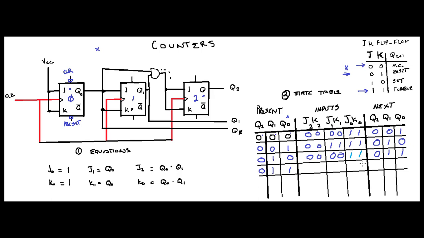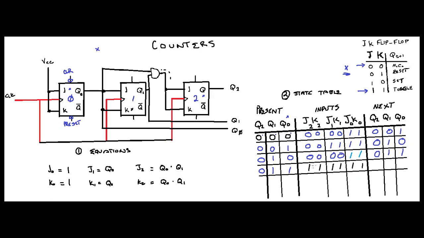So what's the next one? J0, K0, well, that's 1, 1, right? There's no change there, is there? J1, K1, well, what's that? That's equal to Q0, and Q0 is equal to a 1, isn't it? J2, K2, well, that's equal to Q0 ANDed with Q1. Both Q0 and Q1 are both 1s. If you AND them together, you're going to have a 1.